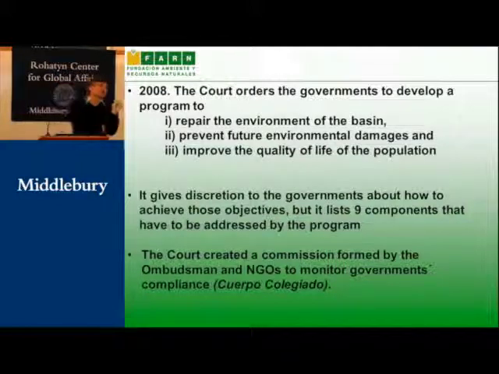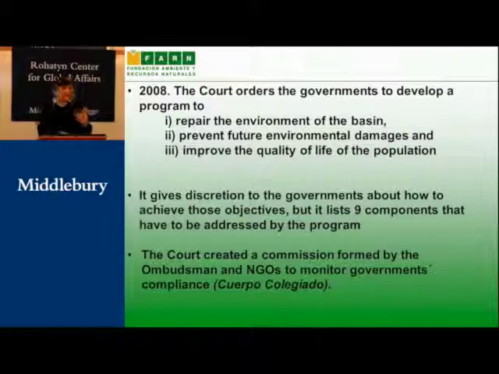Interestingly, the court didn't tell the government what they have to do, and gave discretion to the government about how to achieve this objective. It lists 9 components that have to be addressed by the program that has to be developed.